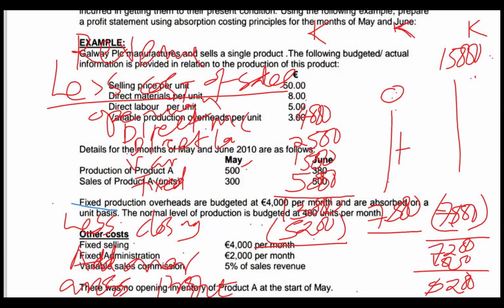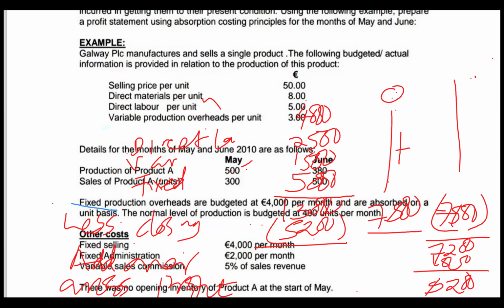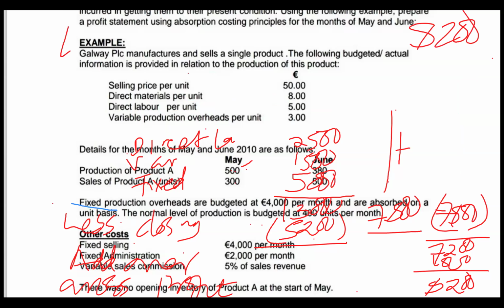That's the gross profit. Now from the gross profit, we can easily deduct all the non-factory overheads, so let's deduct all the variable ones too. Gross profit is 8,200. Less the non-factory costs, all the costs that are not part of the factory.